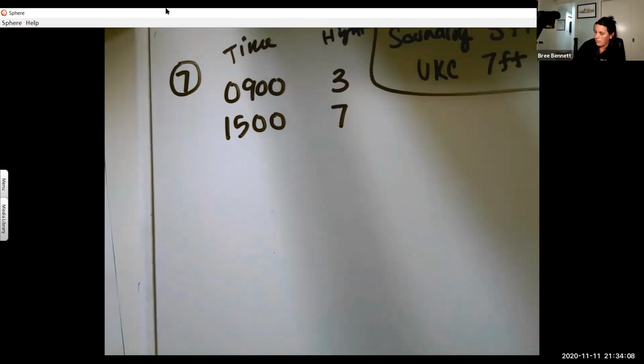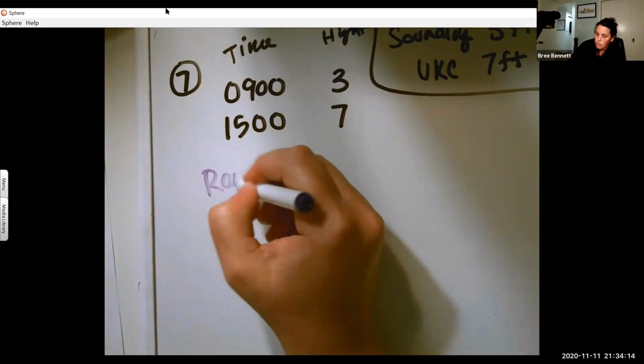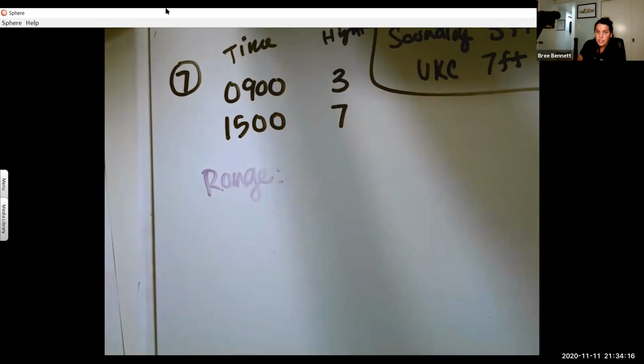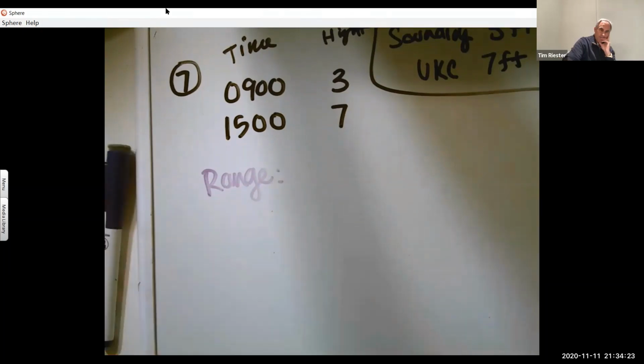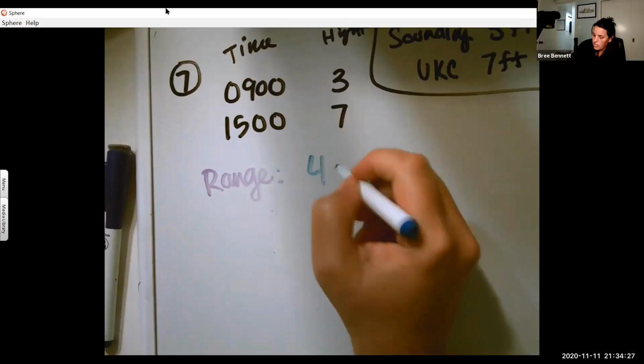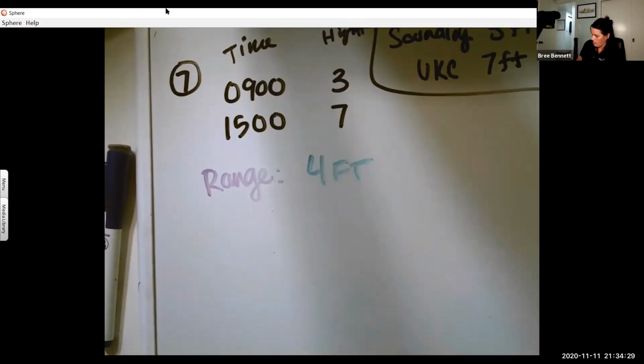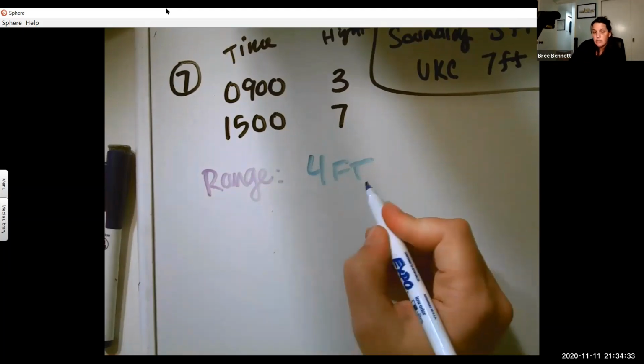My first step is to figure out my range. So what is my range going to be here? 4. So my range is going to be 4 feet.